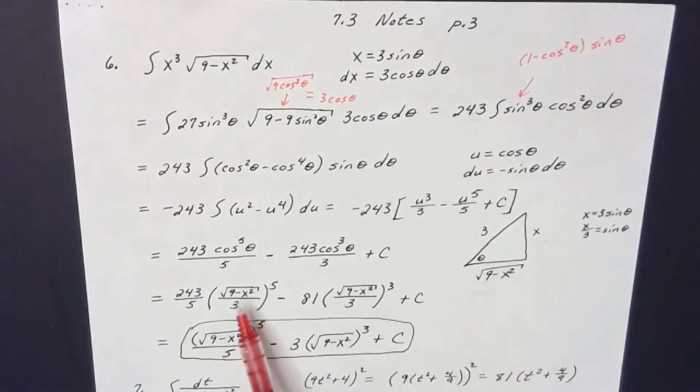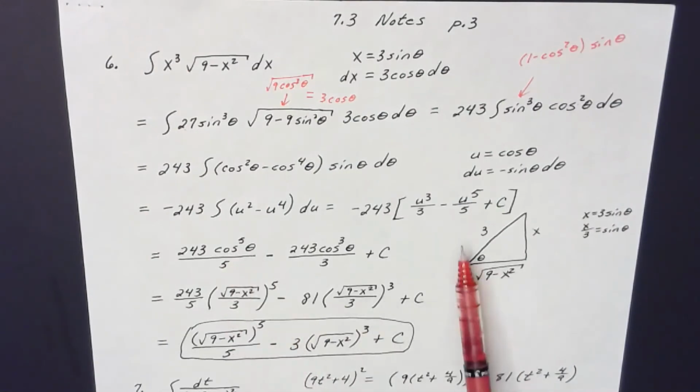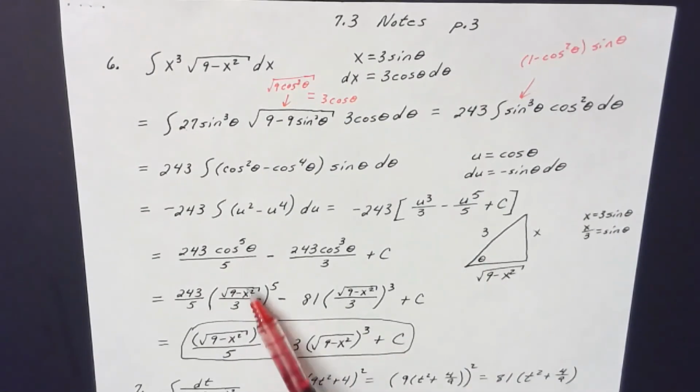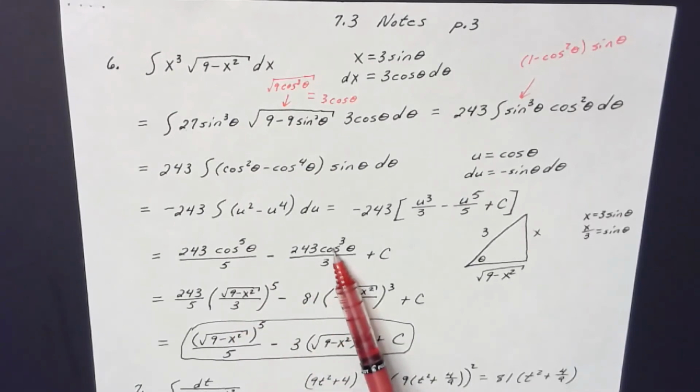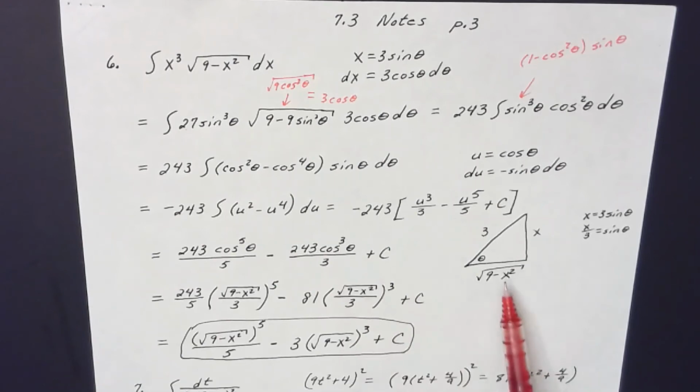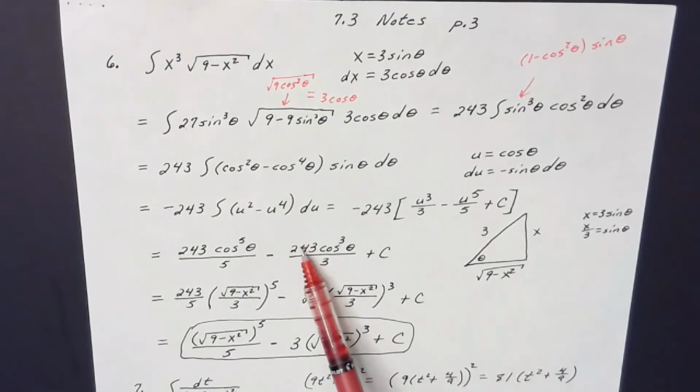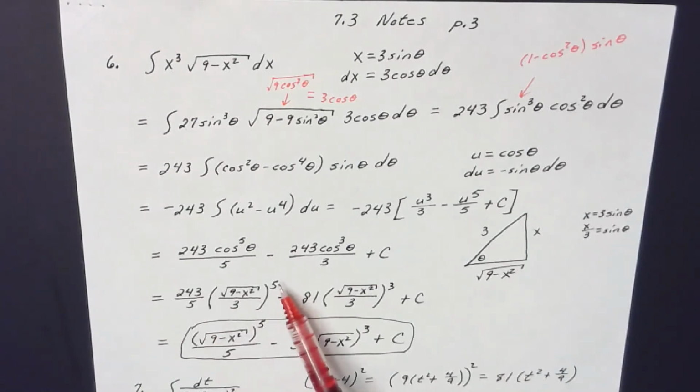I go back into my problem. Cosine to the 5th theta, that'd be adjacent over hypotenuse to the 5th. That's where this fraction comes from. Cosine cubed theta, again, is just adjacent over hypotenuse to the 3rd power. In this step, I also went ahead and simplified the 243 over 3 to the 81. So upon simplification, I knew that 3 to the 5th power was 243.